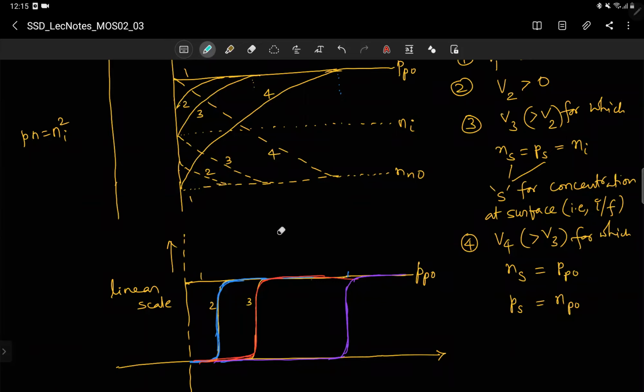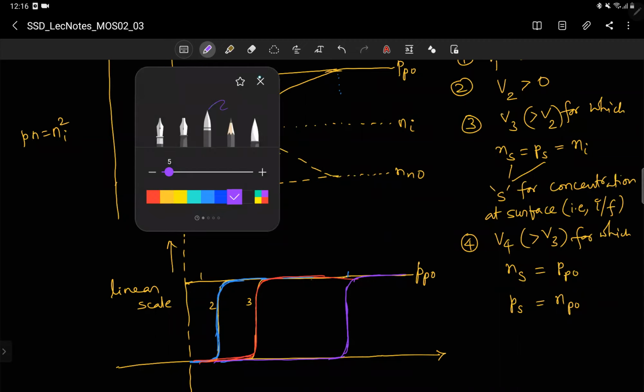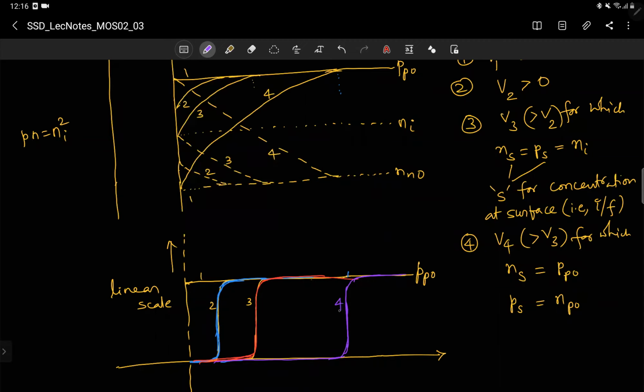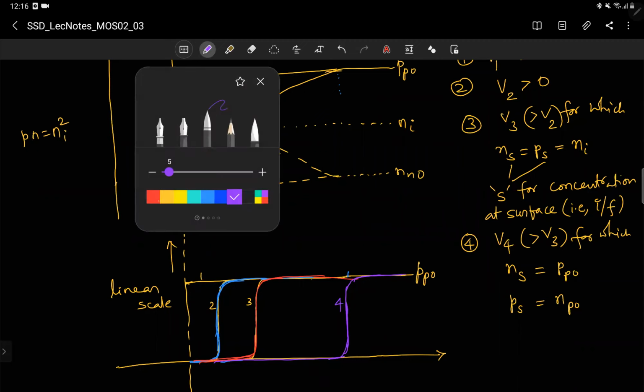So what you can show is only for the case of 4, because the electron concentration has reached Pp0 at the surface. So for 4 you can show the electron concentration also.